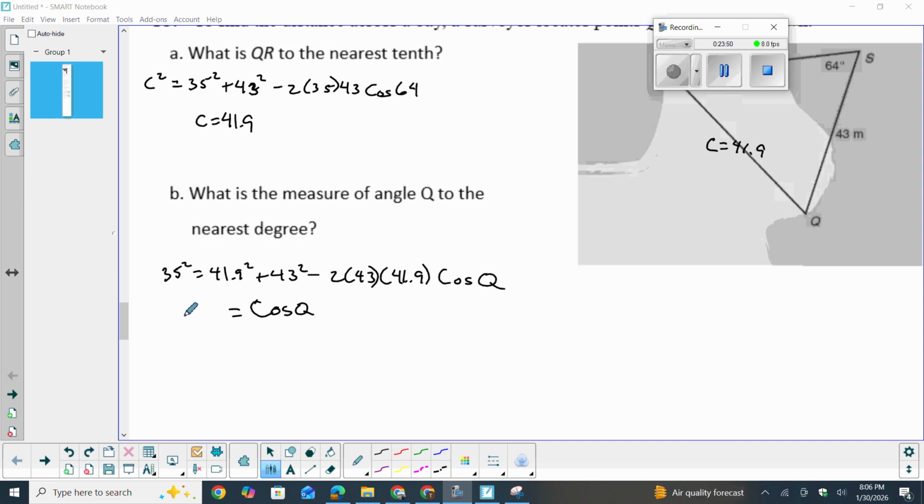When I do that, I get 0.66037, etc. Take your calculator, go inverse cosine of the answer, and I get 48.67 degrees.